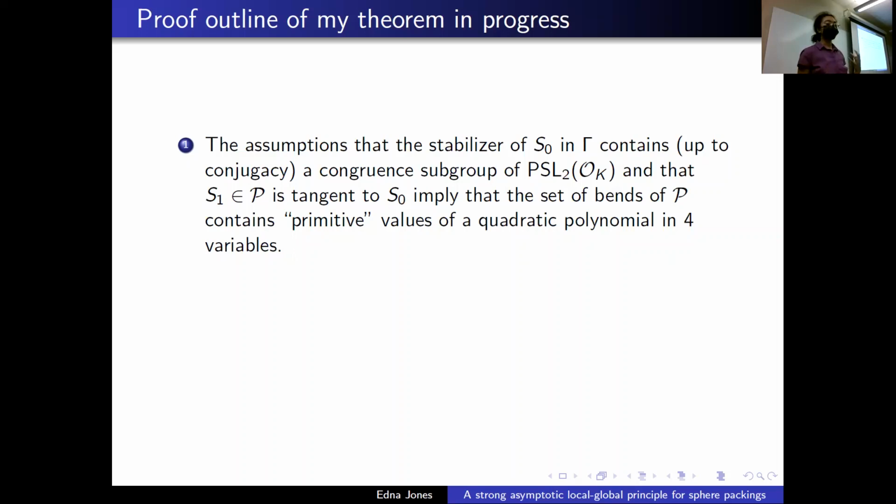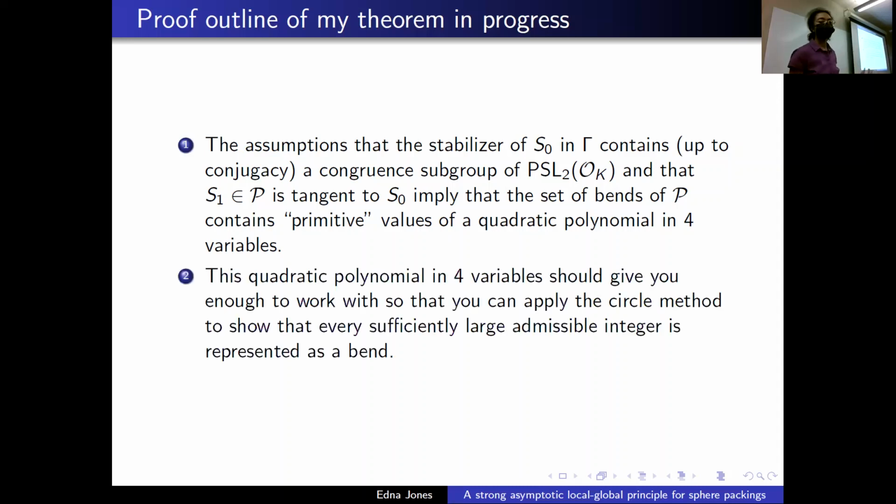And here primitive is in quotation marks again because it's a coprimality condition for elements in our ring of integers.